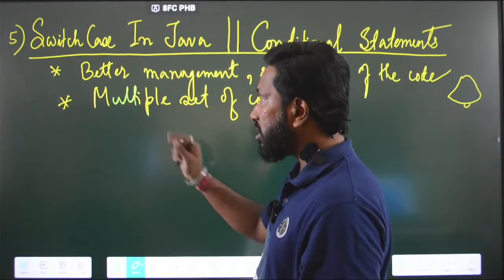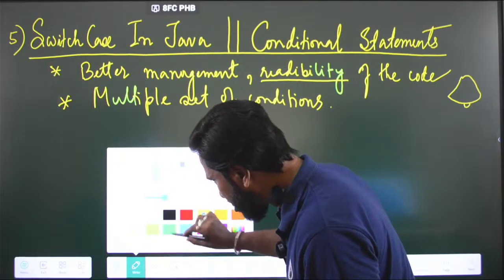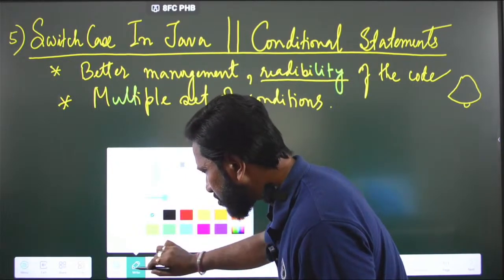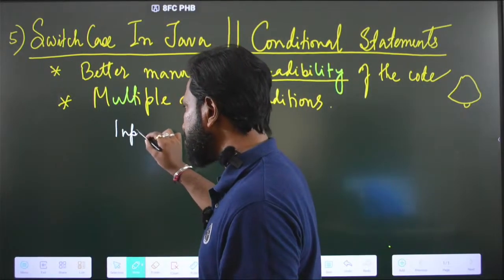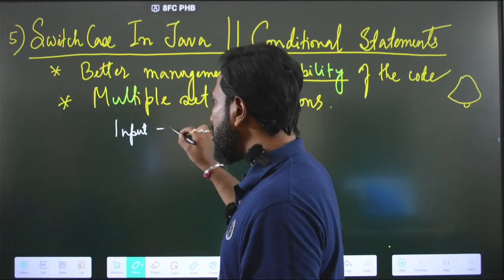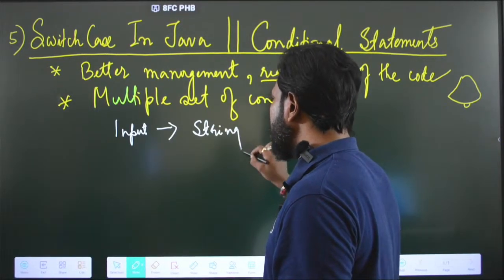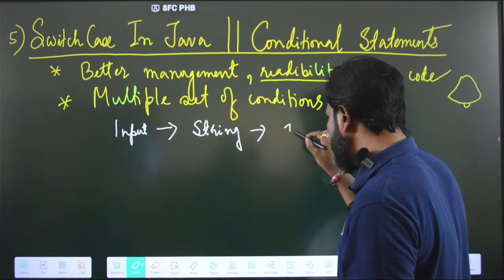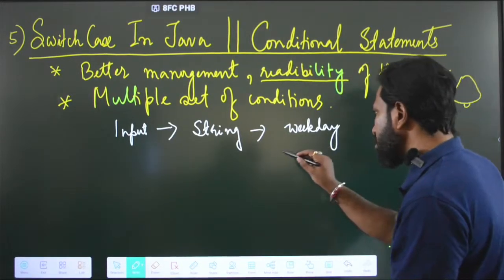So as I was telling, whenever we have multiple conditions, just say we have a scenario where we want to take an input from the user of the string, saying the week day or the weekend.